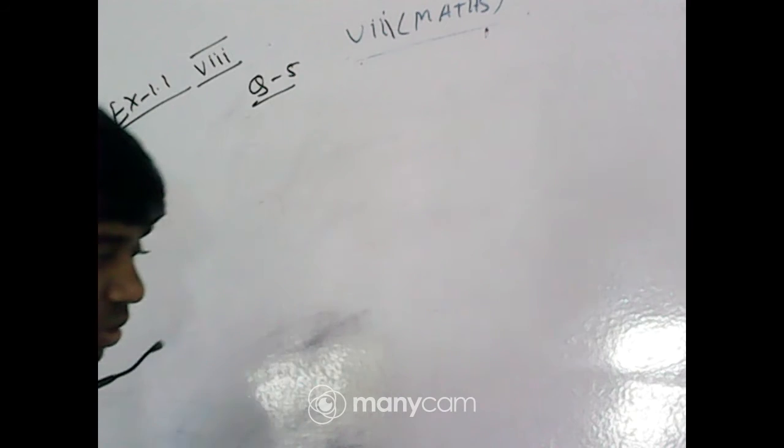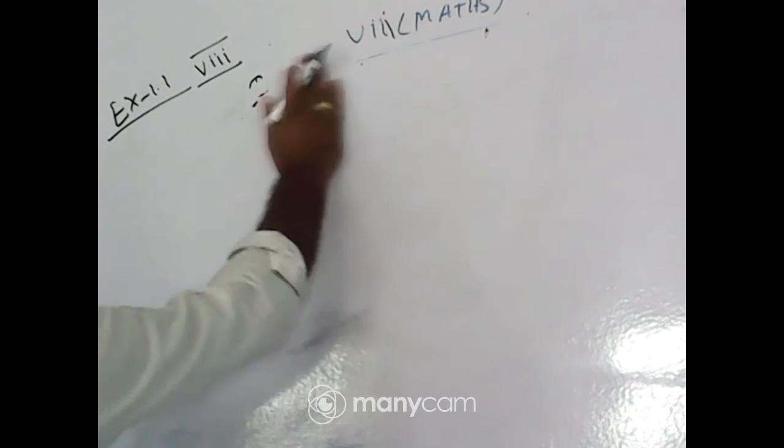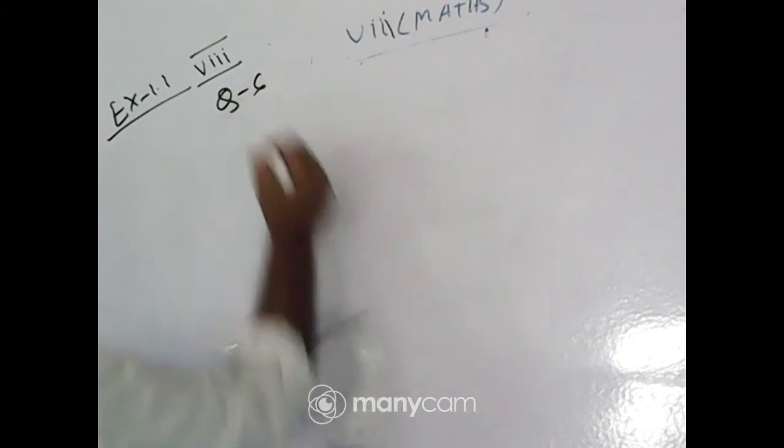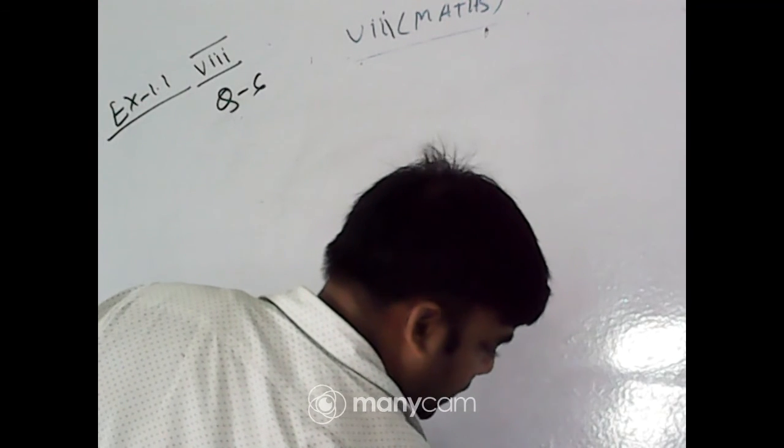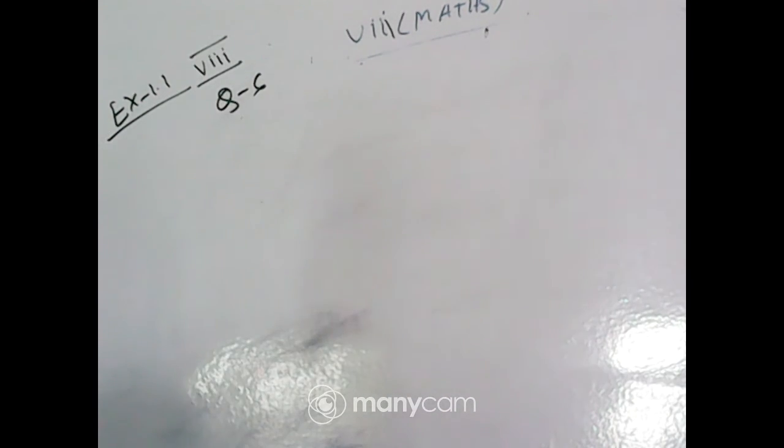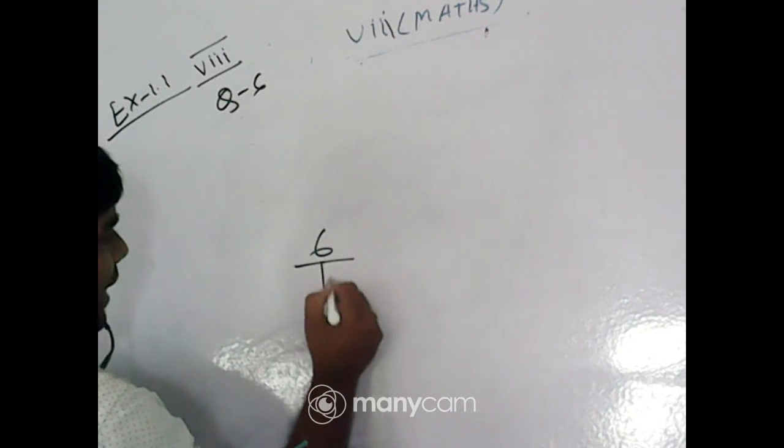Now next question, that is question number 6. Today I will solve questions 5, 6, 7, 8, and 9. Question number 6: multiplication of 6 by 13 with which number?